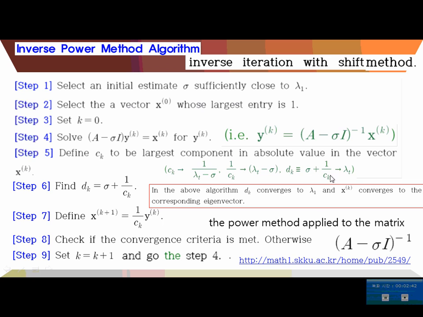Okay. So let that one be the DK, and that's what is in the detailed information of this algorithm. So that's why this inverse power method algorithm is the power method applied to the matrix of this form, the inverse of A minus sigma I.